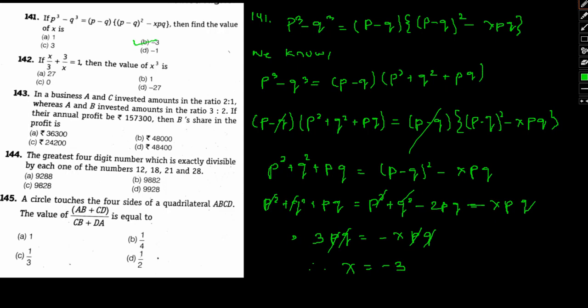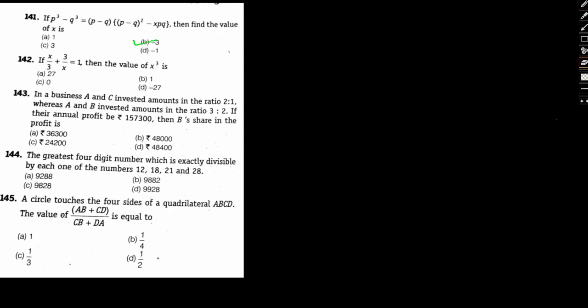So I hope this is clear how we came about with the same. So with that said, let's move on to question number 142. Okay, so here we have x by 3 plus 3 by x equal to 1.